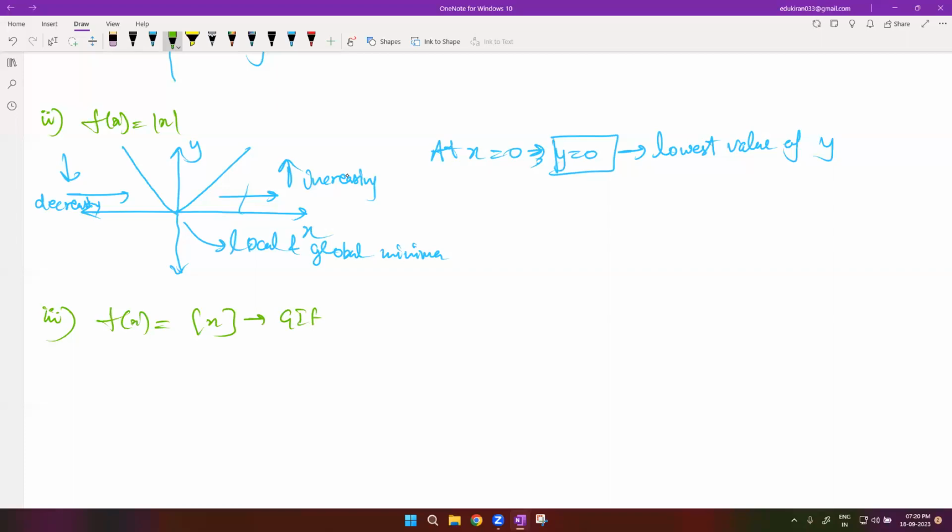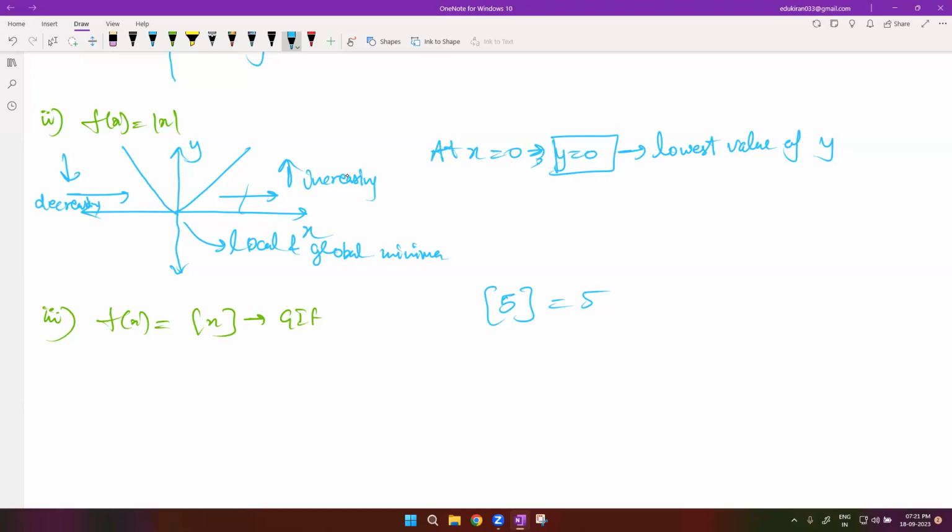We have discussed this at some point, but if not, then try to understand this graph. This is the greatest integer function, and I have already told you what its function is, right? If you give it some value, then it returns an integer. Now, what are the rules to convert that value into an integer? So let's say if I give the GIF an integral value, for example 5, then it will return me 5 itself.